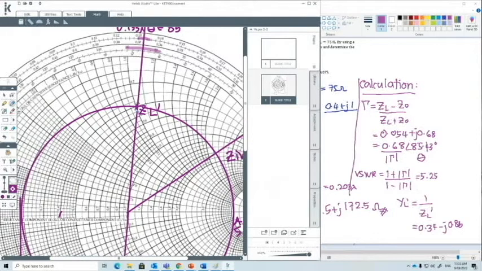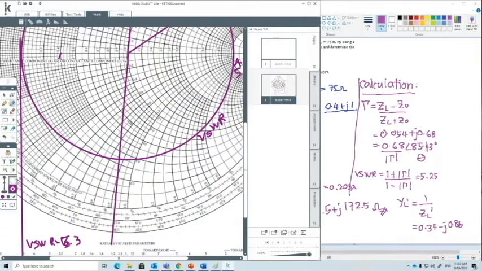So remember I told you to draw ZL prime line dia sampai ke bawah. Tujuan dia adalah nak cari YL prime. Since you're 1 over ZL, so dia memang 180 degrees from ZL prime. So here is your YL prime. So tengok naik ke atas.